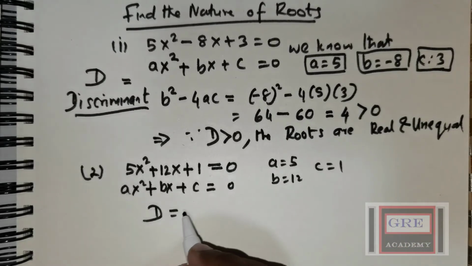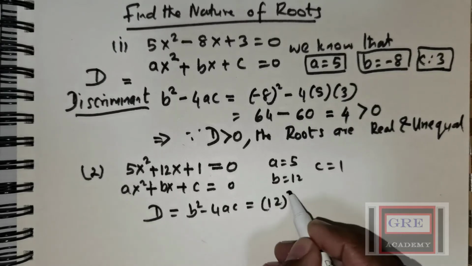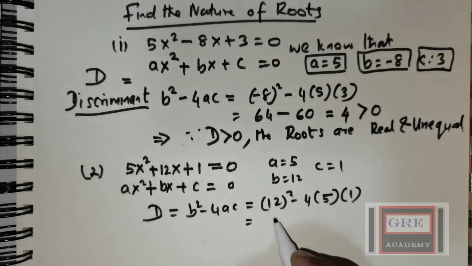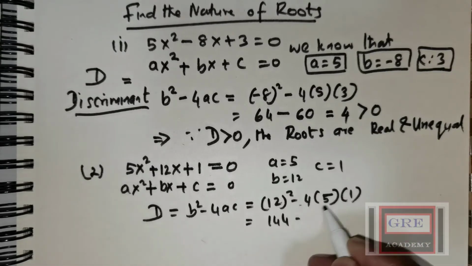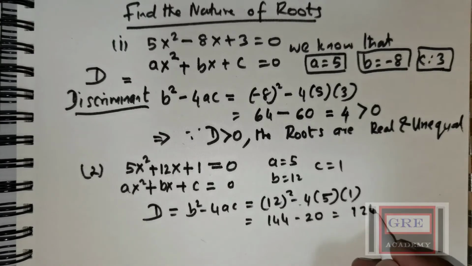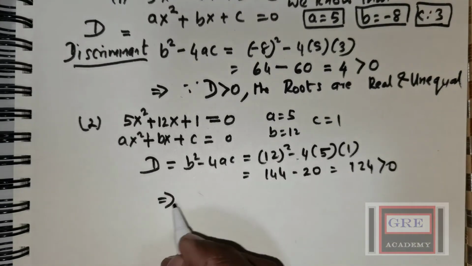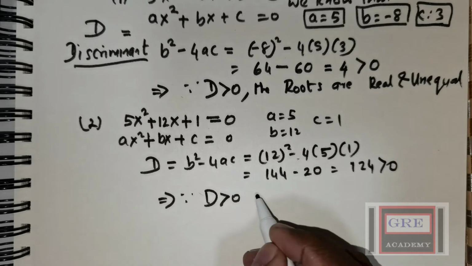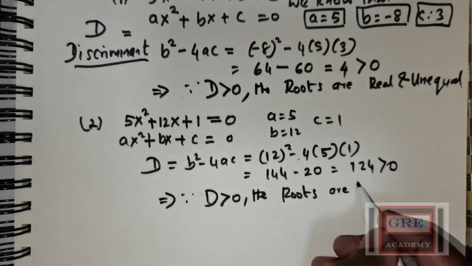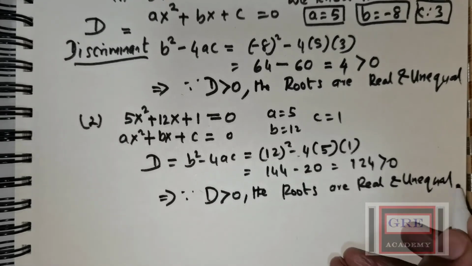The discriminant d is equal to b squared negative 4ac, which is 12 squared negative 4 times 5 times 1. 12 squared is 144, 4 times 5 is 20, and this gives me 124, which is greater than 0. So since d is greater than 0, the roots are real and unequal. You need to complete that statement.